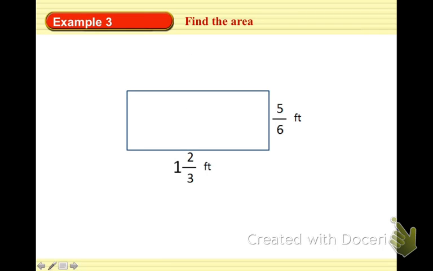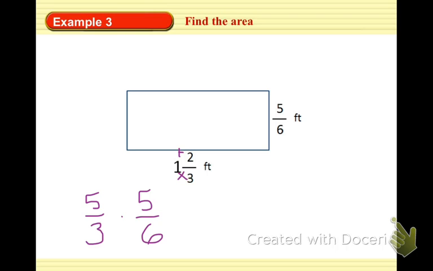The last example for today, let's find the area of this rectangle. First thing we're going to do is change the mixed number to an improper fraction. So 3 times 1 plus 2 is 5/3. We're going to multiply that by 5/6 because it's length times width.